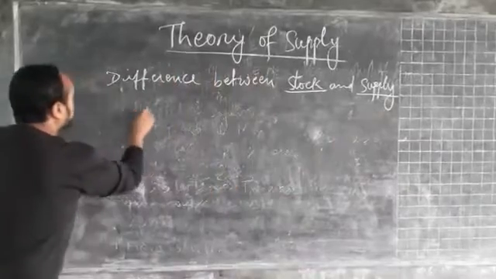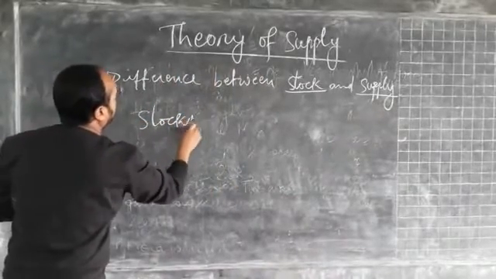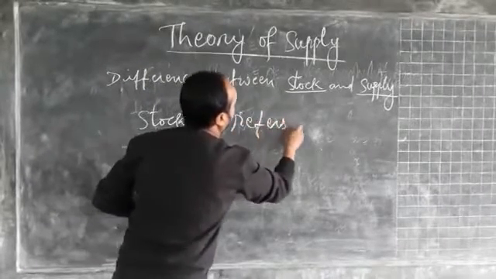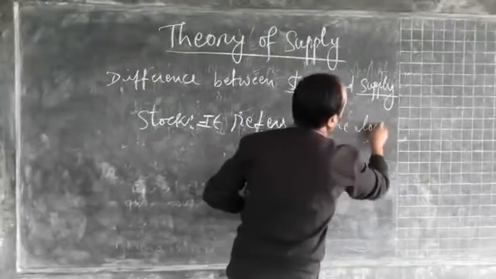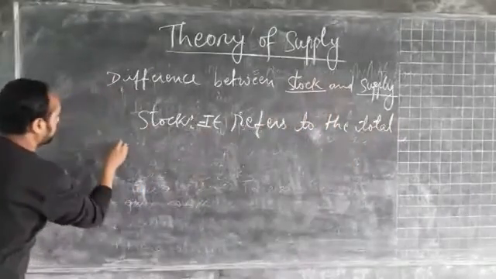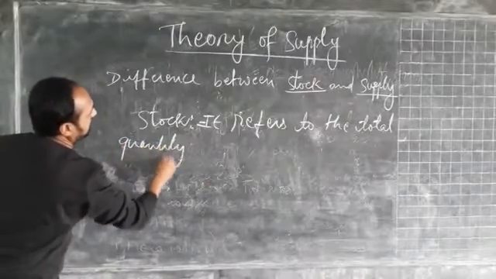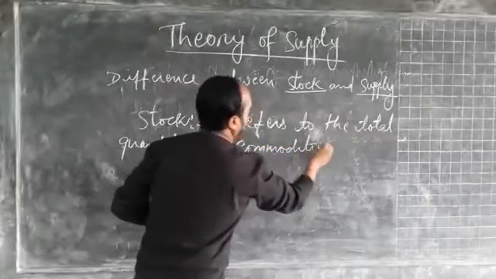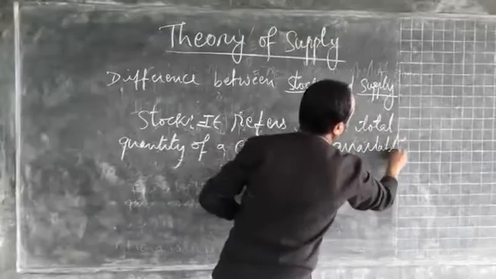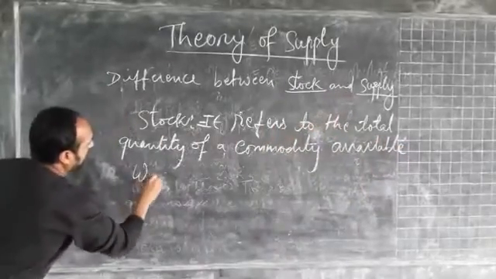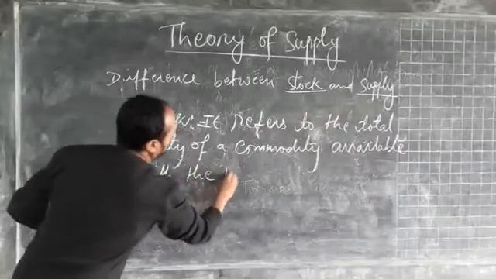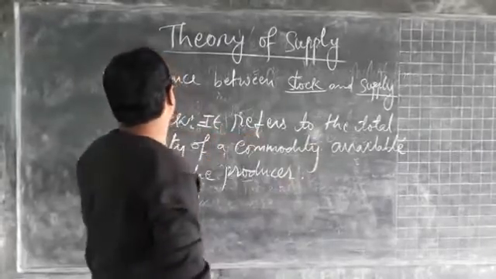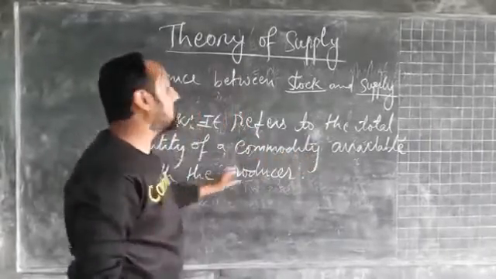Once again, stock refers to the total quantity of commodity available with the producers.